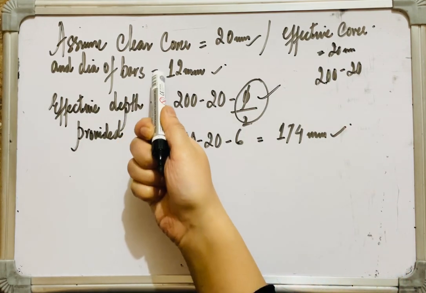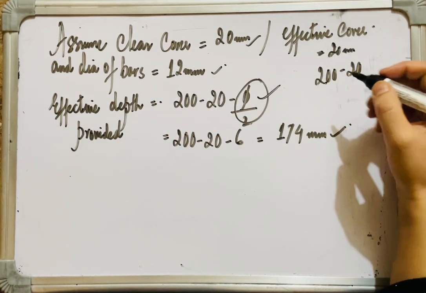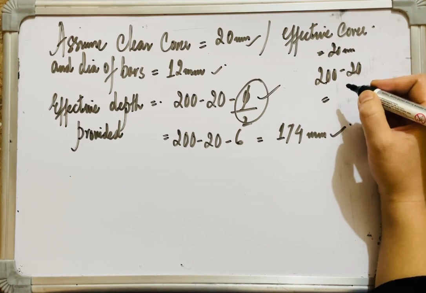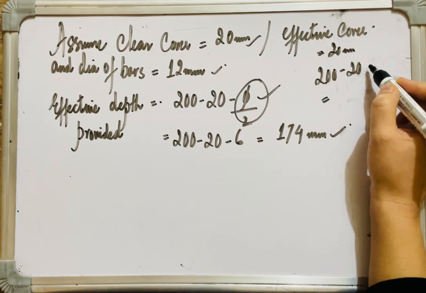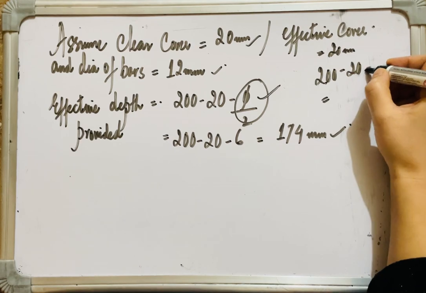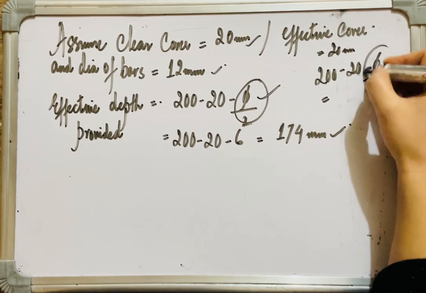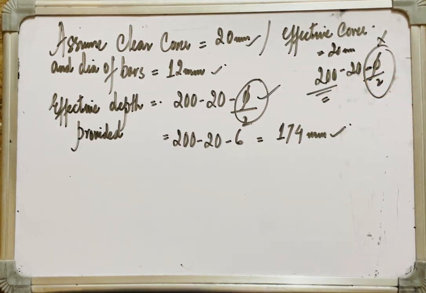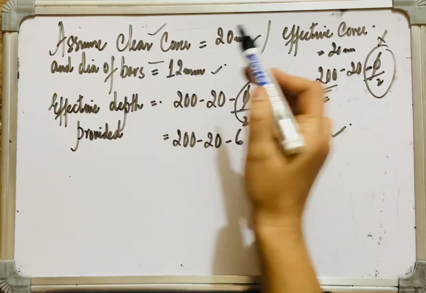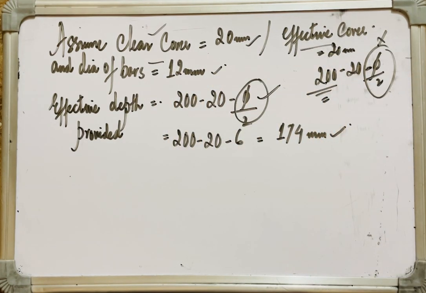If instead of clear cover I would have assumed effective cover, then my effective depth would have been 200 minus 20, and there was no need of subtracting this thing from the dimensions. All right, but since I assumed clear cover, I hope the difference between clear cover and effective cover is known to you. All right, so effective depth provided is 174 mm.